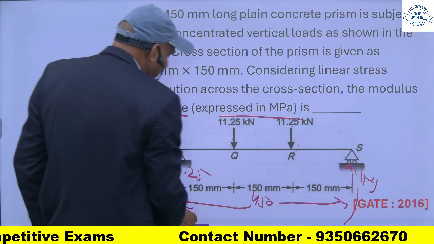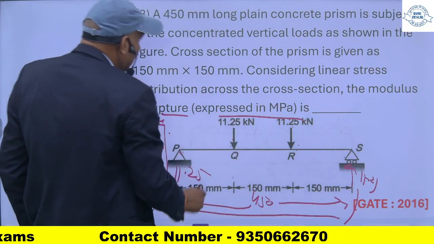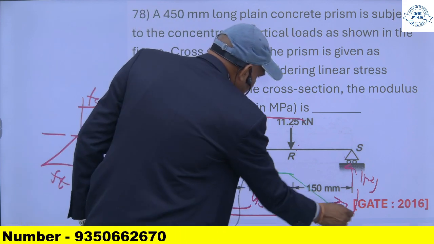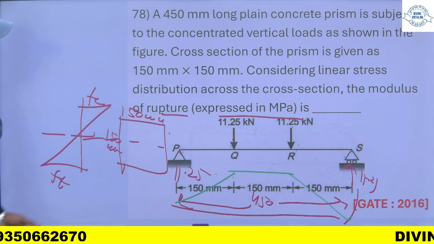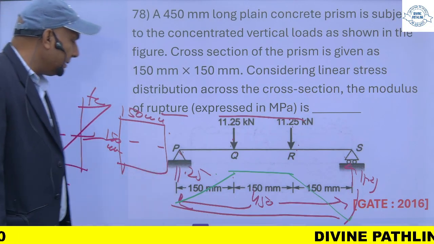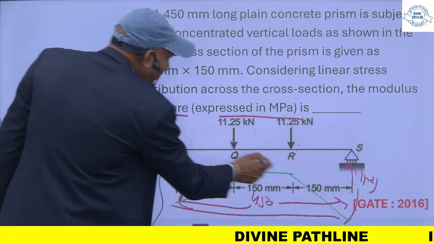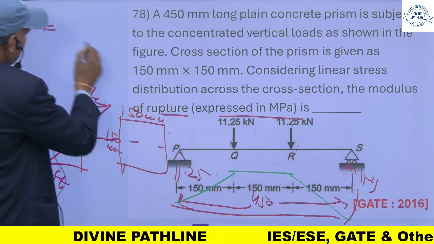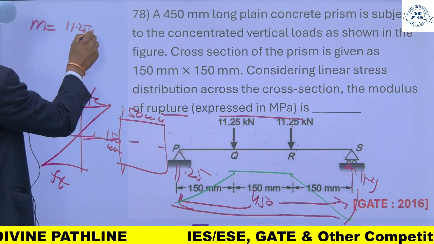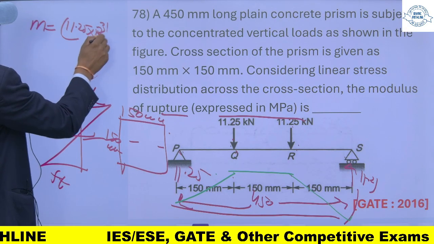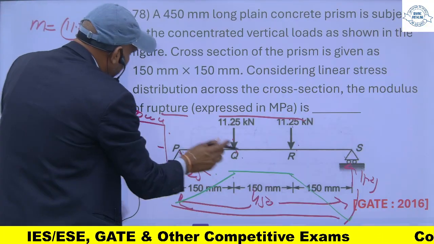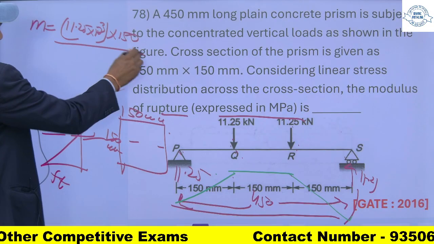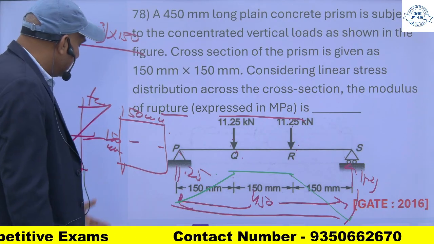So its bending moment will be like this. And this will be 11.25 into this length. And that will be maximum here. So maximum bending moment will be 11.25, the load in kilonewton, means this much Newton, multiplied by this length, I will get M. Divided by the section modulus.